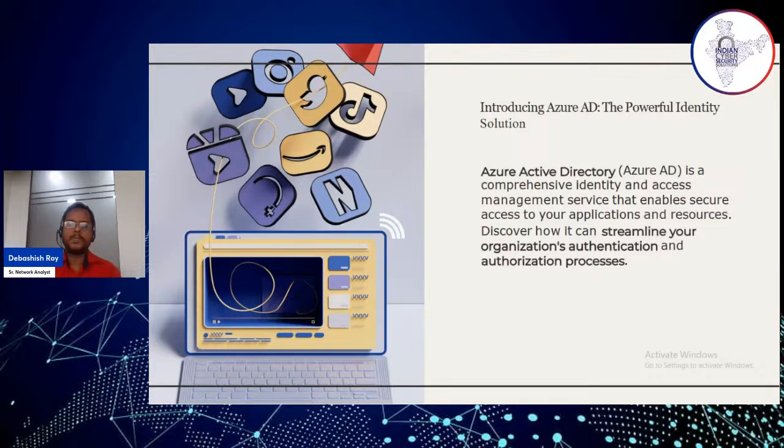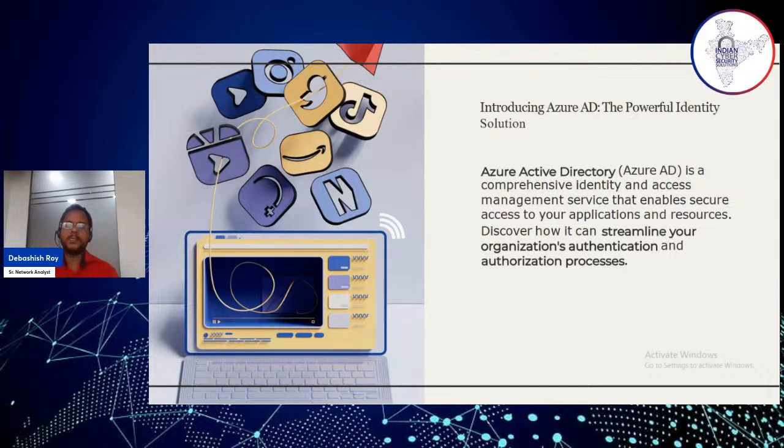Azure AD is a comprehensive identity and access management service that enables secure access to applications and resources. So it is used for authentication and authorization processes of the organization. It is also an Active Directory, but remember that it is different from the Windows AD, Windows Server Active Directory. But Azure AD also is a database.